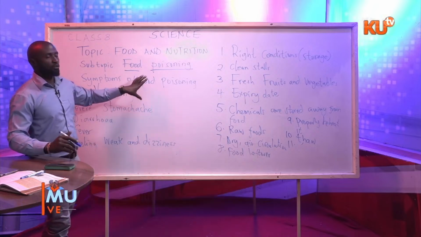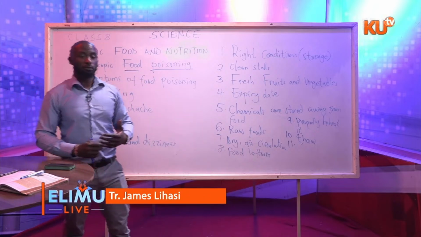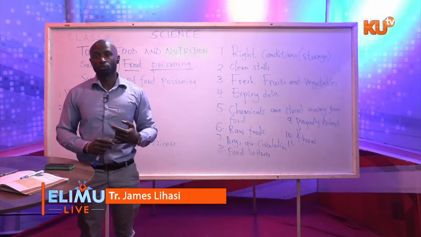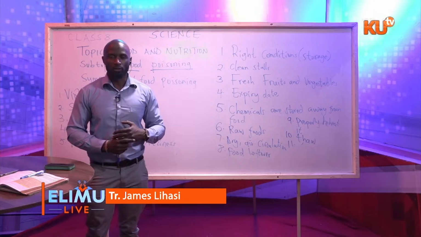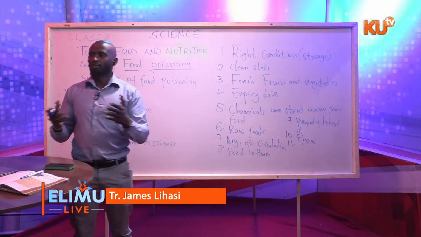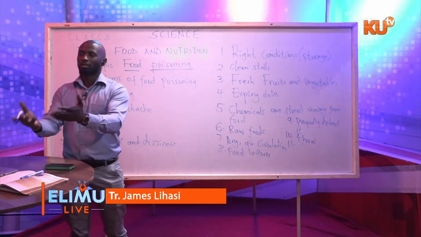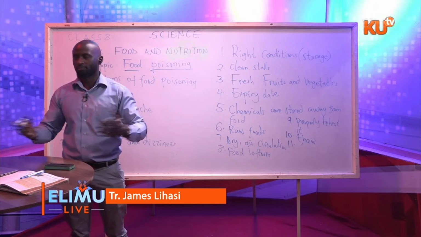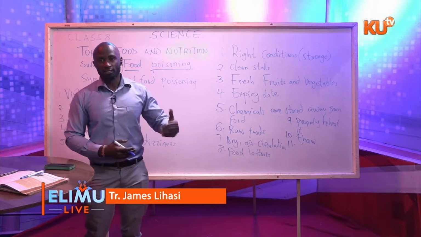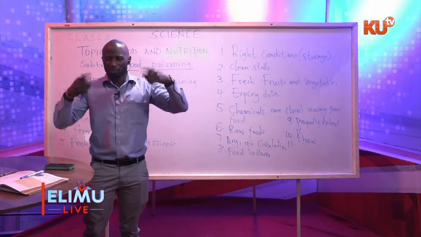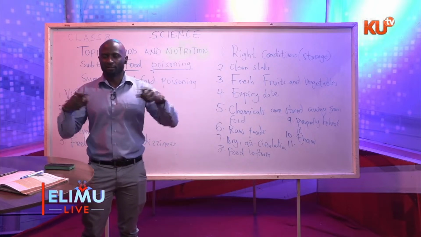Then we talked of agents of food poisoning, boys and girls. We talked of 2: chemicals and microorganisms. The chemicals basically are chemicals commonly used at home: insecticides, pesticides, herbicides, soaps, detergents. And we said that sometimes they can occur naturally.